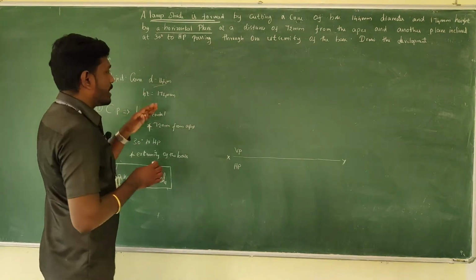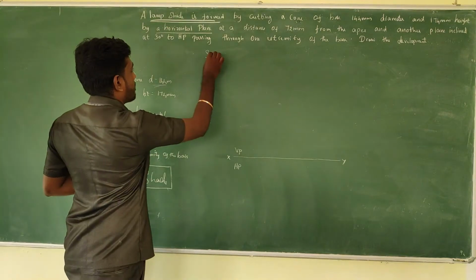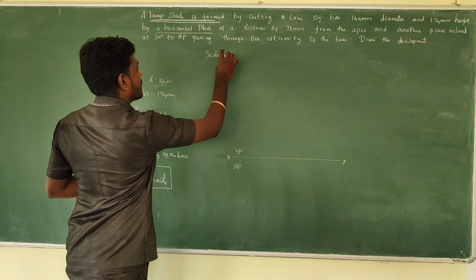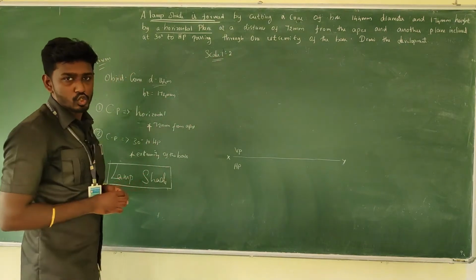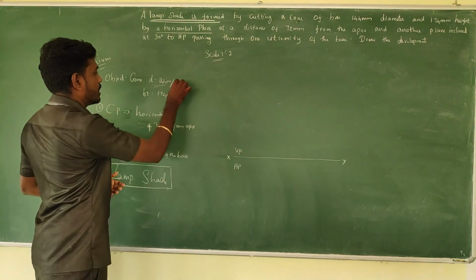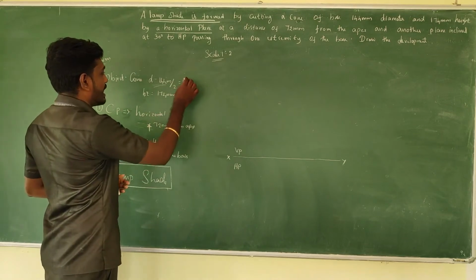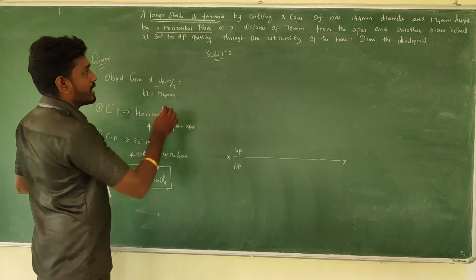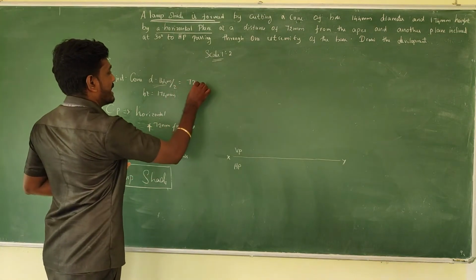Here, I am going to take the scale 1:2. I am going to divide it by 2. So if I divide it, what happens? 144 divided by 2, I get 72 mm.